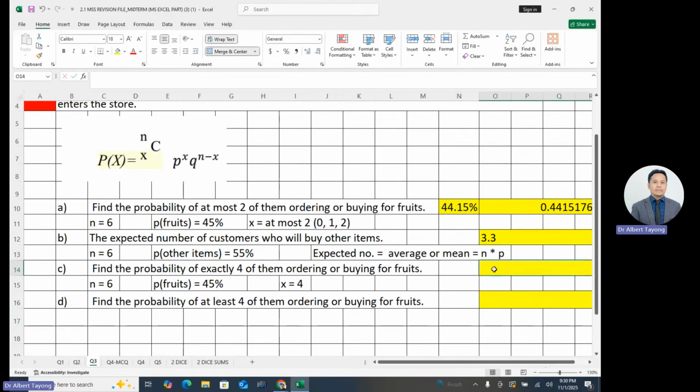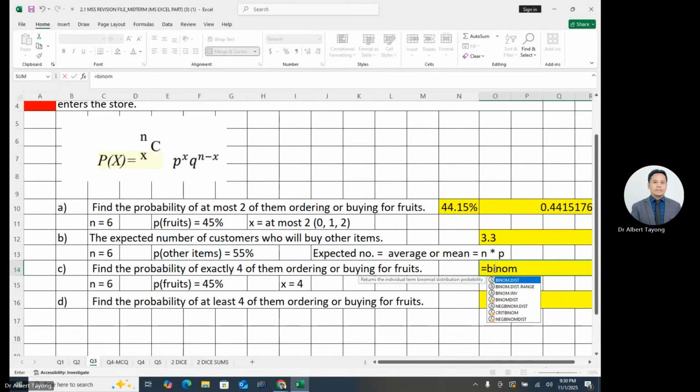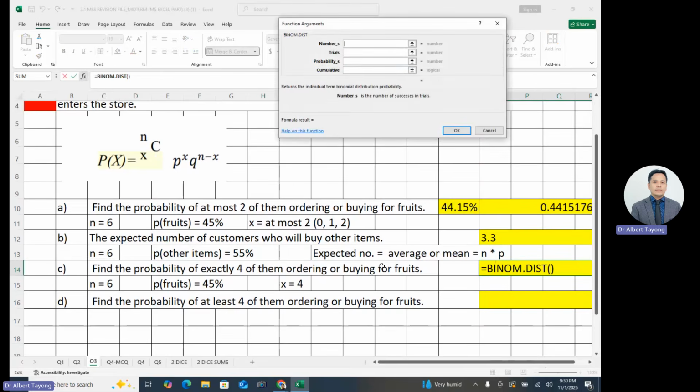So the same formula, equals binomial distribution, fx. Okay, so here we have number of successes, that is 4 exactly. Number of trials is 6. And probability is 45% because this is P of fruits. And cumulative is 0 because we're calculating for 4 exactly.